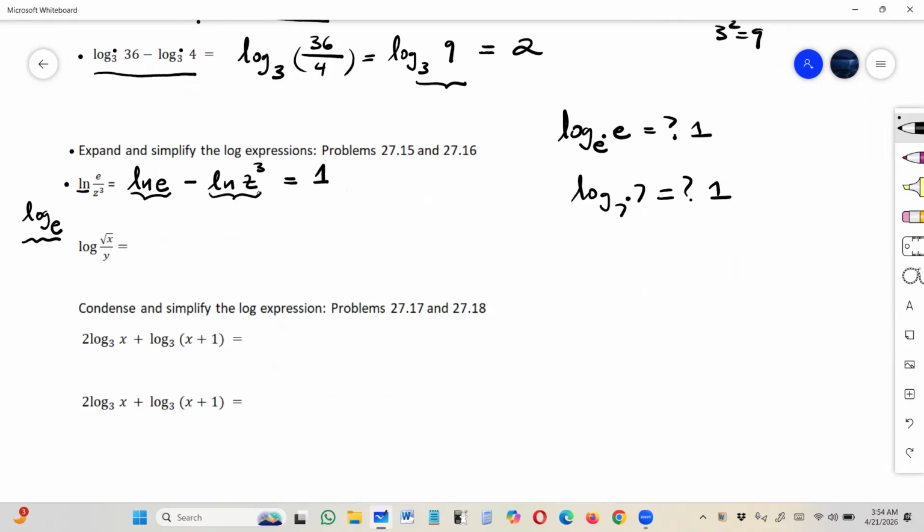And now this part, the exponent, by the properties of logs will go immediately in front of it. So this is going to be minus 3 ln z. Now notice, do not do 1 minus 3 equals negative 2. You cannot do that because the 3 is multiplying the log. So this is your final answer.